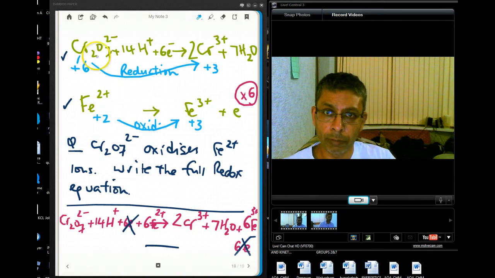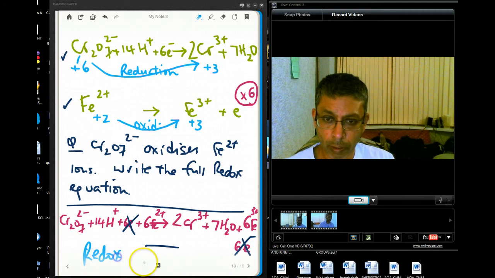Okay, so the first equation, reduction. Second equation, oxidation. Together, redox. So this whole equation is a redox equation. Okay, that's where we get the redox, the reduction and the oxidation.